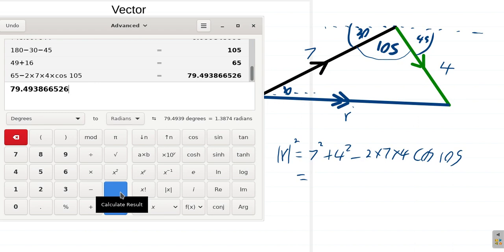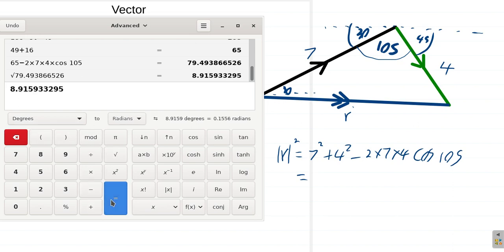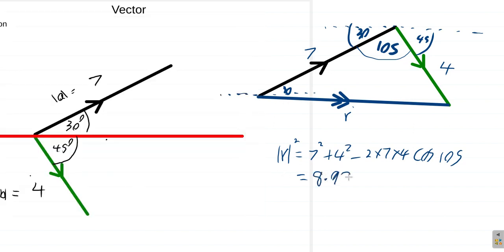Call it 79.5. And then you square root that and you get 8.92. Just about 8.92. Alright?